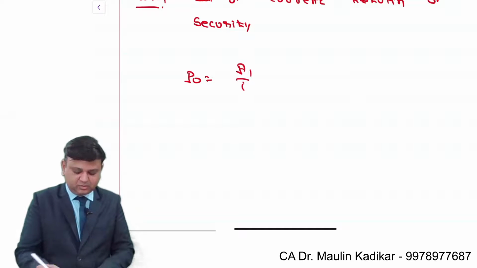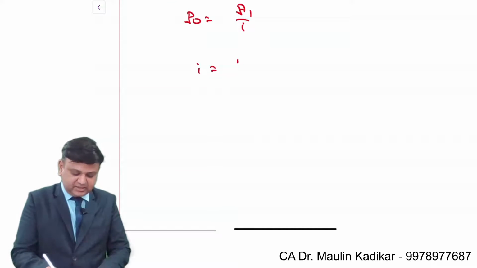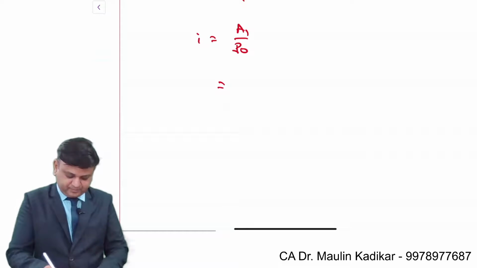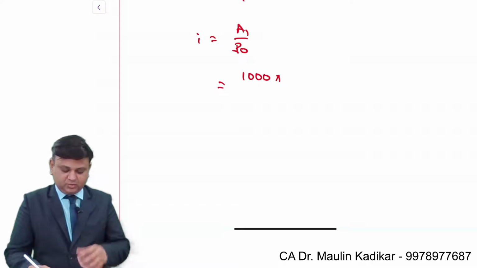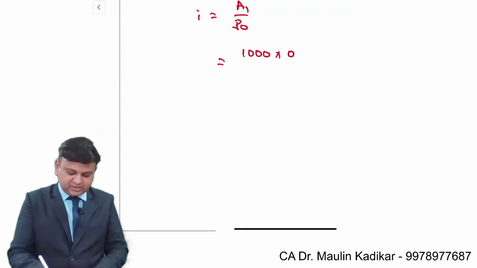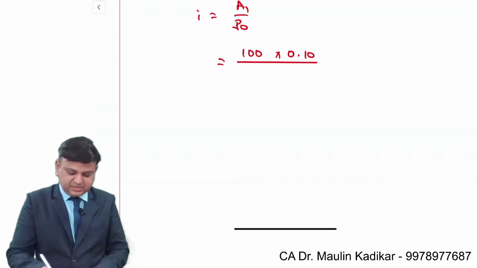P0 is equal to A1 divided by I. So I is equal to A1 divided by P0. So 100 into, what is the rate of interest? Rate of interest is 10%. Divided by P0 is 110.